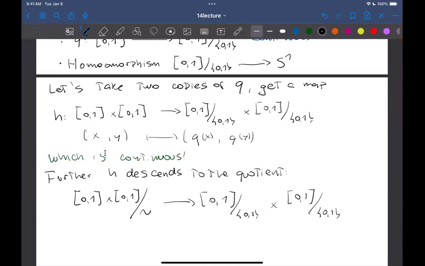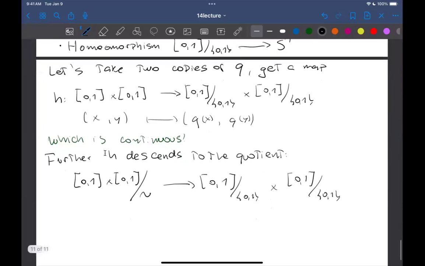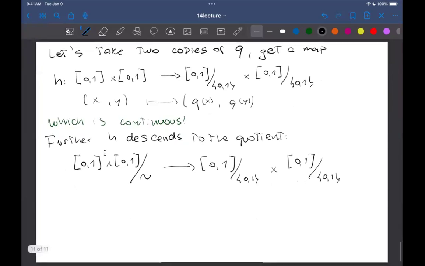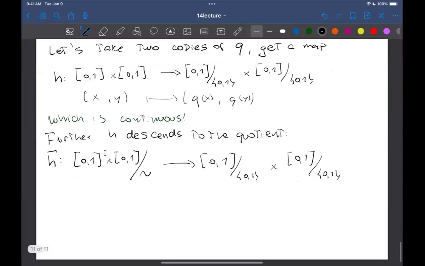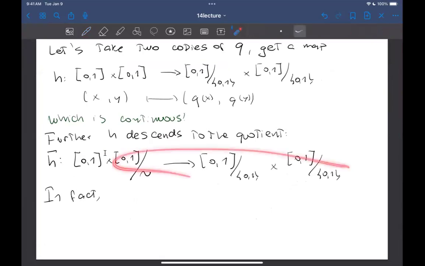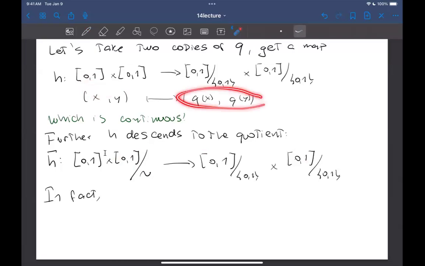Maybe let's call this map H bar. How do we prove something descends to a quotient? We need to take 2 points which have the same image in the quotient and prove that they are mapped to the same point here.